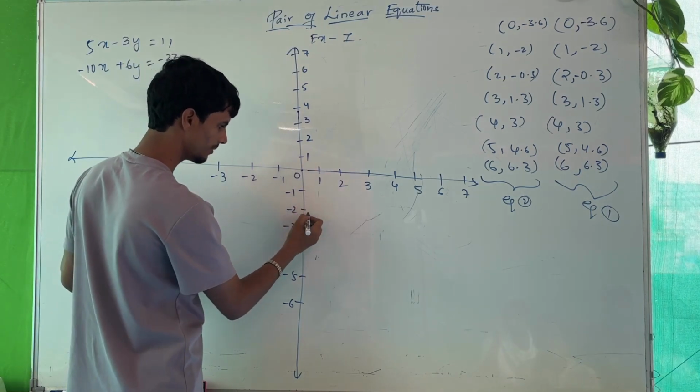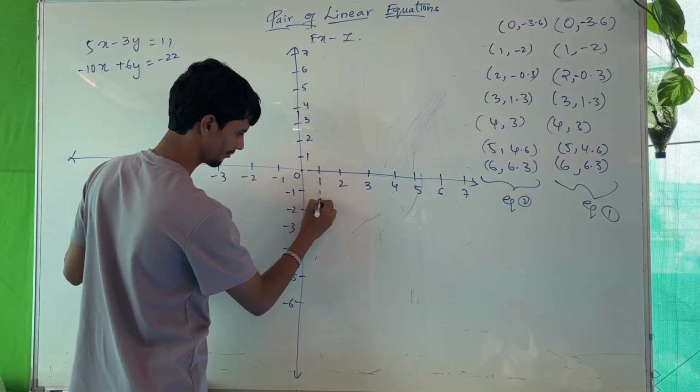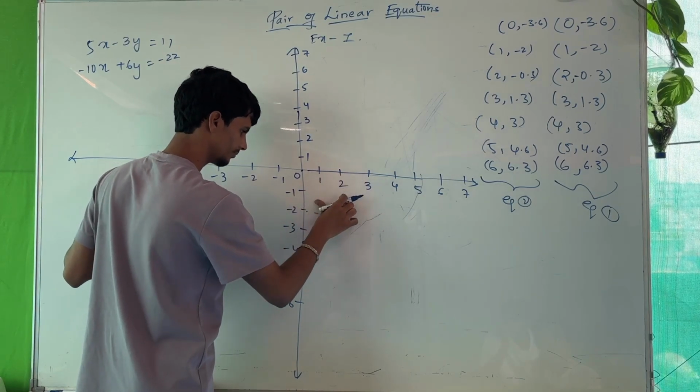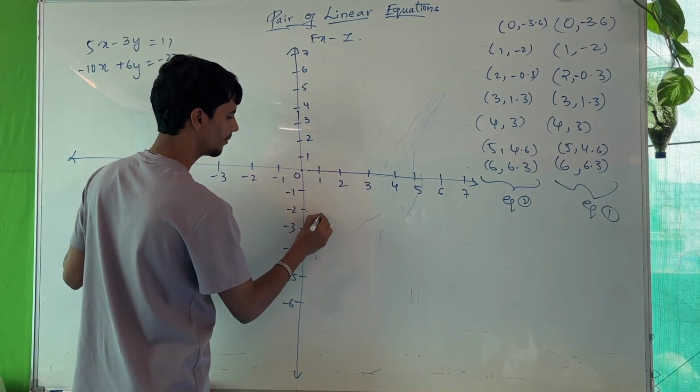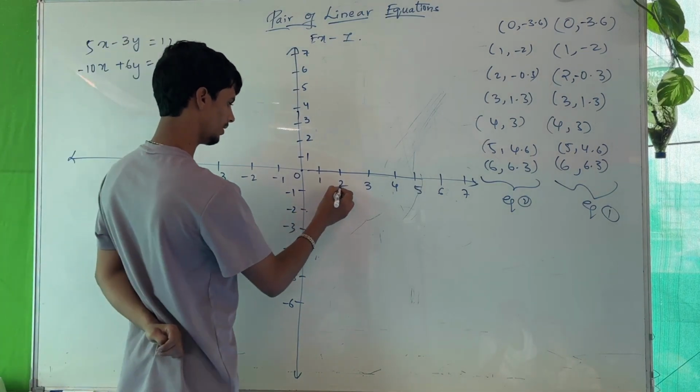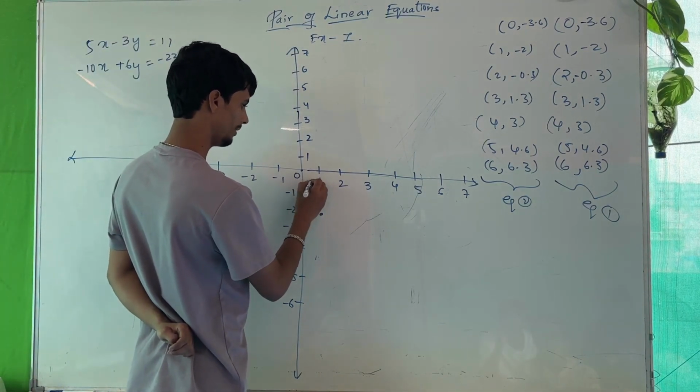1 is here. Where is minus 2? Exactly, it is here. 1 comma minus 2, and next point 2 comma minus 0.3. 0.3 will be around here.